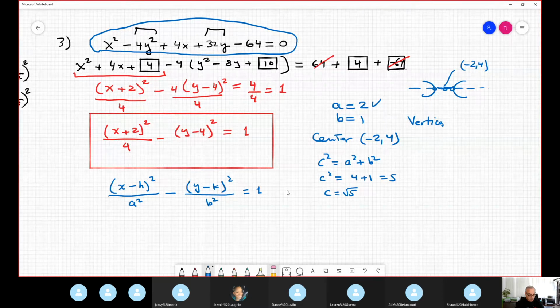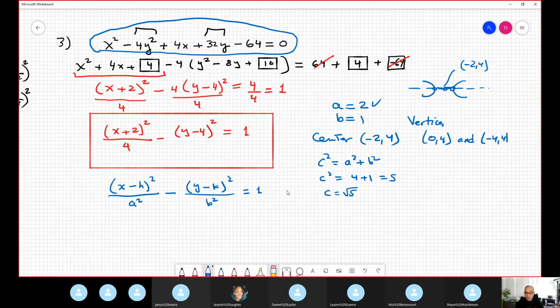The vertex is located at the point, well, it's 0, 4 and negative 4, 4. And they say y component of the center, but you decreasing and increasing, so basically you affect the x component plus 2 and minus 2. Negative 2 plus 2 is 0, and minus 2 is negative 4.